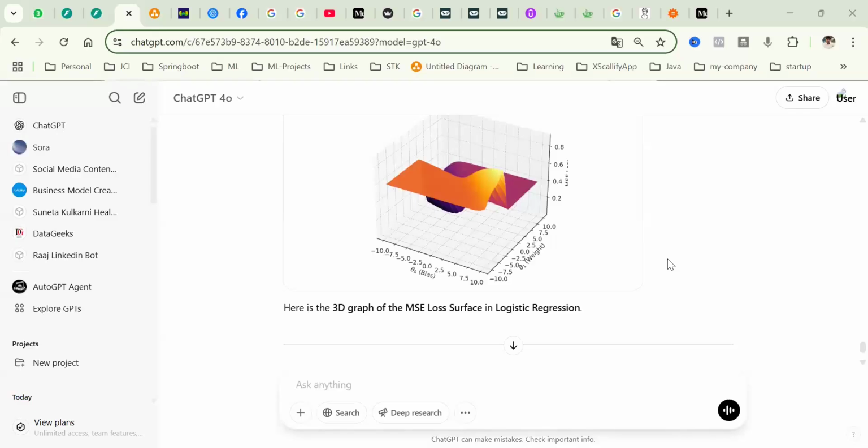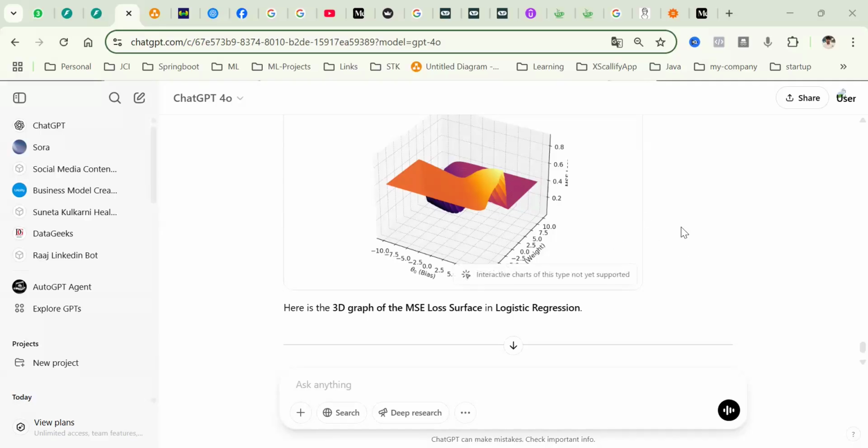Okay. So this is the concept I tried to establish right now. If you apply MSE in the case of logistic regression, then you will not get a convex graph, and your gradient descent approach will not give you the optimal cost function.